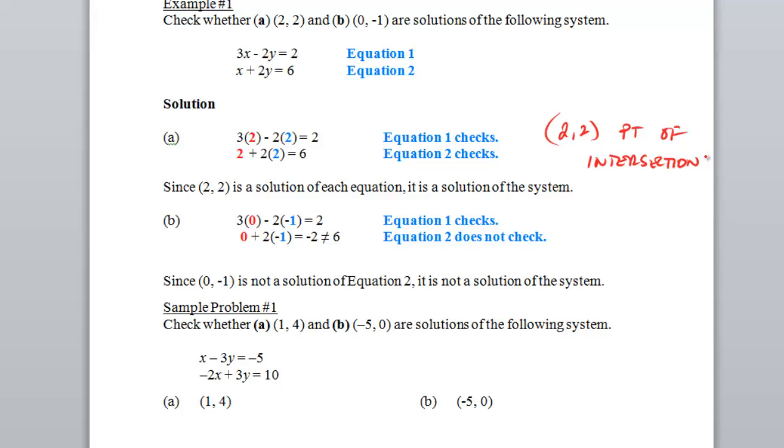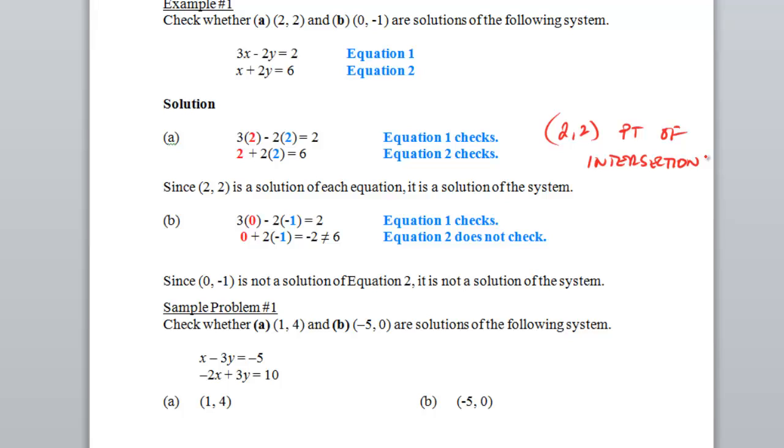Keep in mind, 2, 2 would be a point of intersection if we're looking at a graph. It should seem fairly obvious at this point that there can be only one point of intersection between two lines. So if 2, 2 is a solution to the system of equations and it is the point of intersection, then 0, negative 1 could not be. But you could still test it.